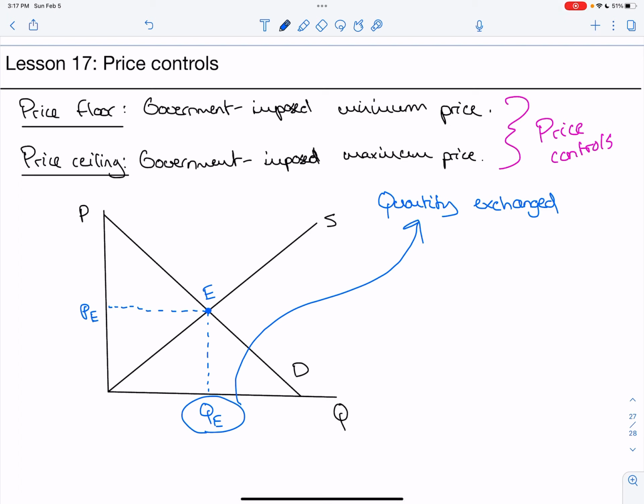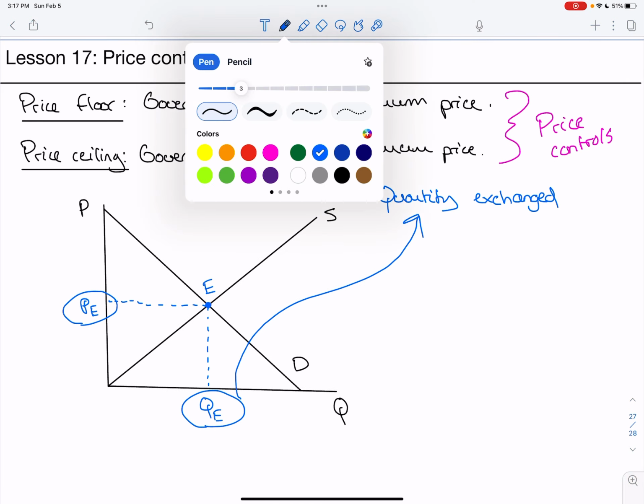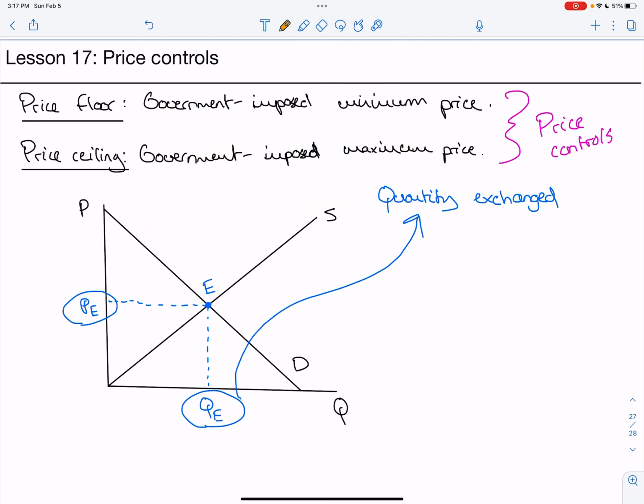And of course, the price is our equilibrium price. Now, let's say the government decided to impose a minimum price or a price floor. Now, what would happen if the government decided that our minimum price in this particular market were P1? The answer is nothing would change, right?